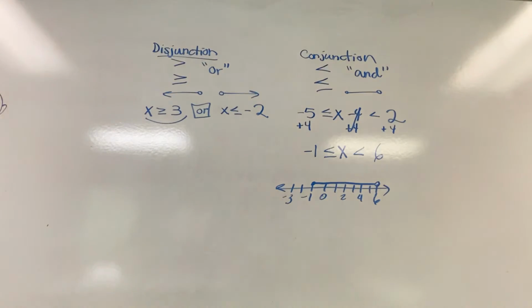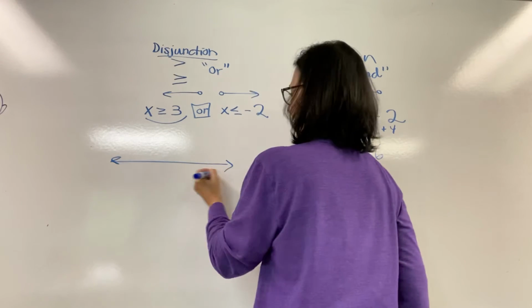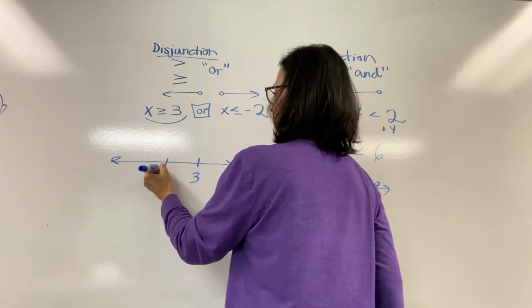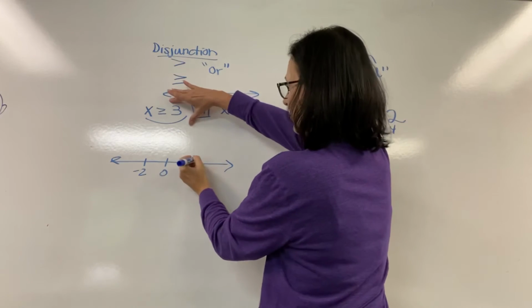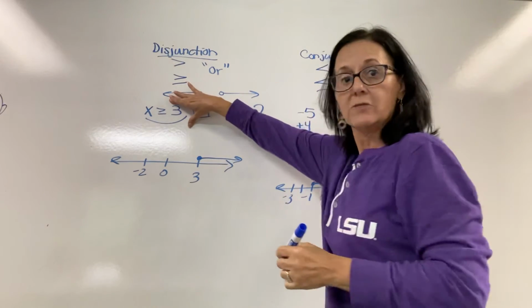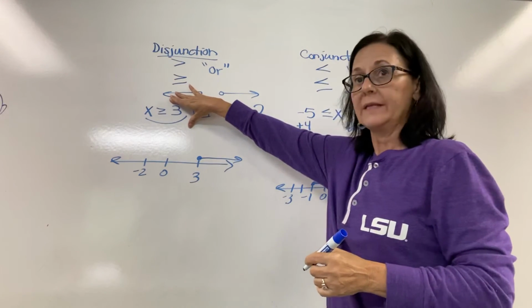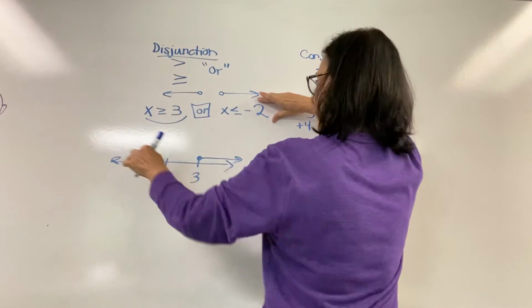All right, when I graph that, I go to 3, 0, -2. Greater than or equal to 3, we have a closed indicator. Remember, our arrow always goes in the direction of the inequality sign. And this is less than, so my arrow is going to go that way.